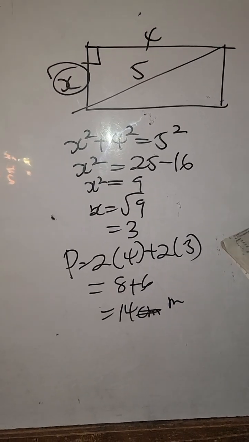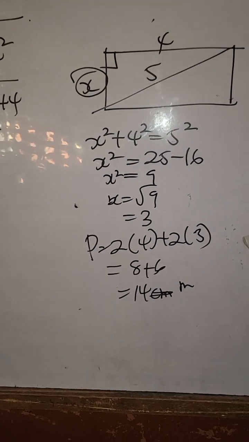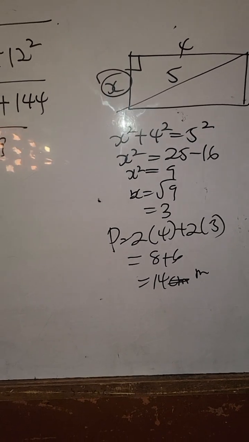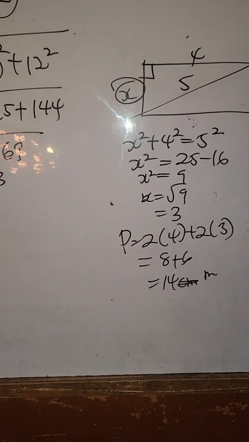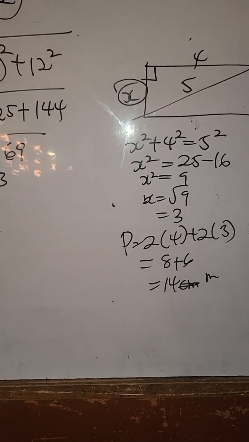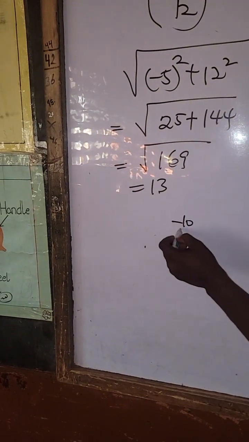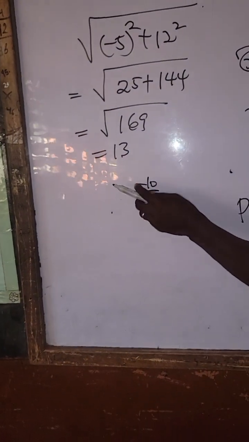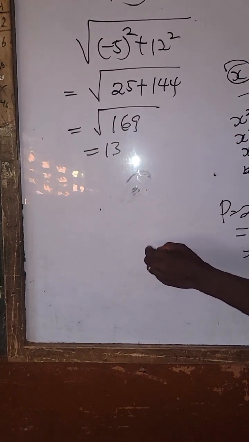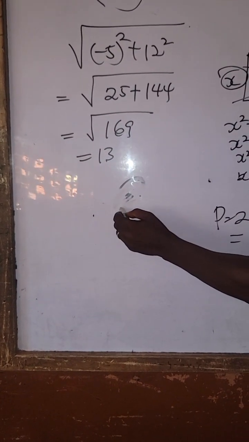23. Which of the following vectors is parallel to (5, 2)? So for parallel vectors, the cross products, or let me just try, like 10, like 25. What is common there? 5.